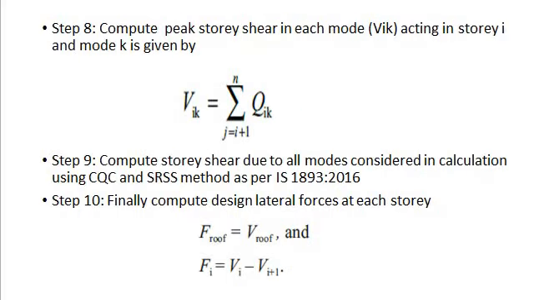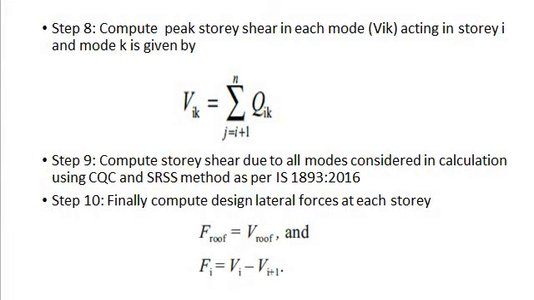In the next step, we compute the peak story shear in each mode acting in story i and mode K, that is given by Vik, the summation j equal to i plus 1 up to n, of Qjk. In the next step, we compute the story shear due to all modes considered in the calculation using the CQC and SRSS methods.